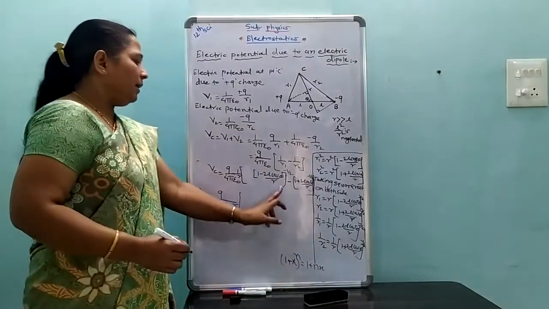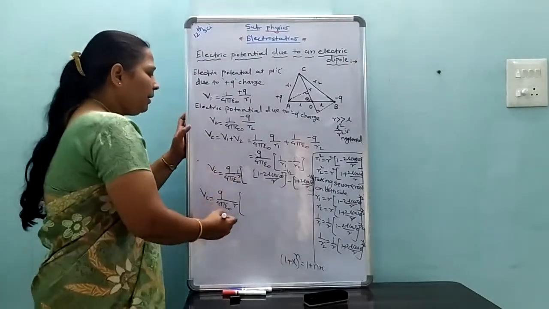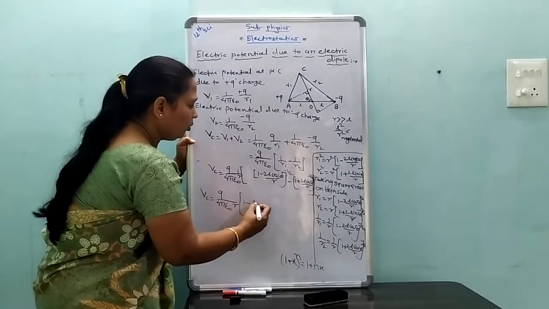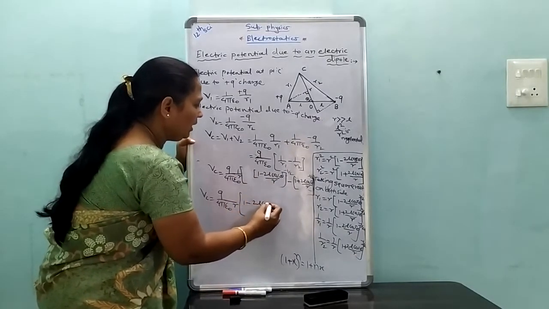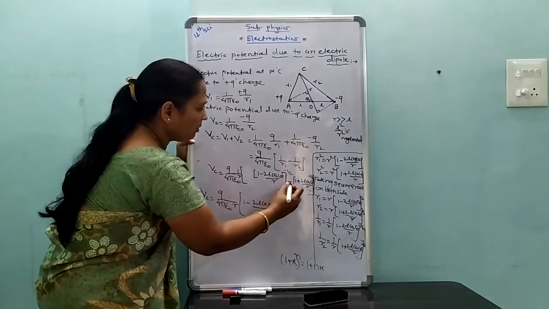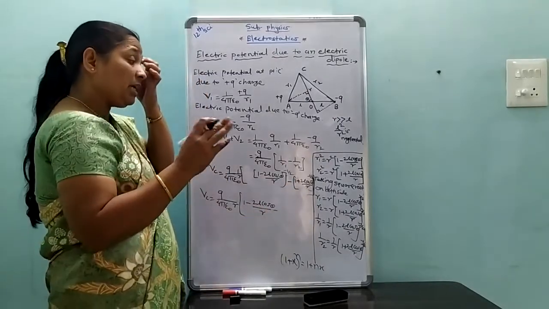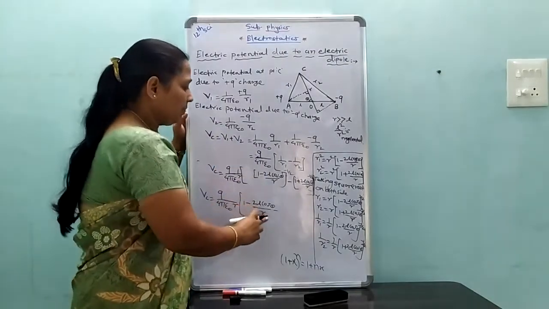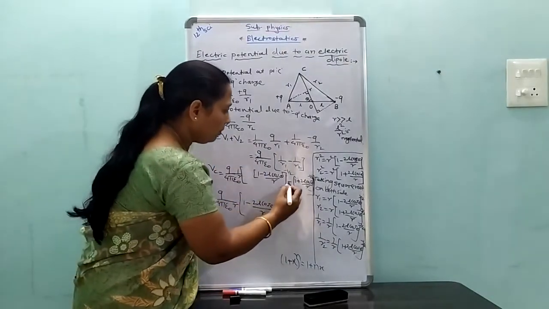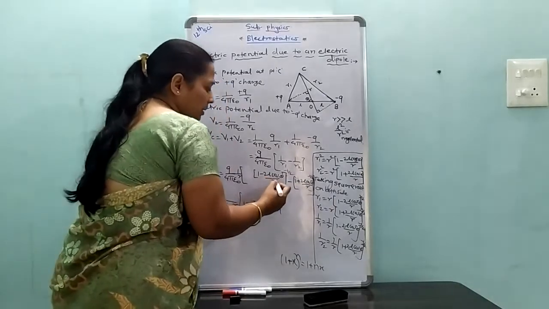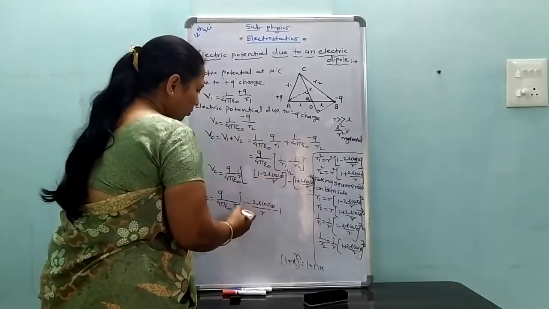By using that, we get 1 minus twice L cos theta upon R, and the L square upon R square terms get neglected. Hence minus 1 upon R1 and minus 1 upon R2.